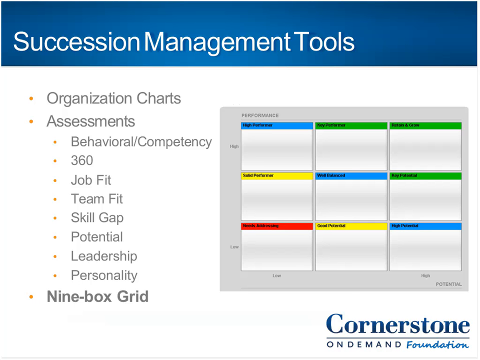Mature companies use a 9-box grid to ensure that they are accurately calibrating talent across different business units for an apples-to-apples comparison. Although they may define the boxes differently, these firms typically categorize leaders on a scale of high, medium, and low performance and potential.